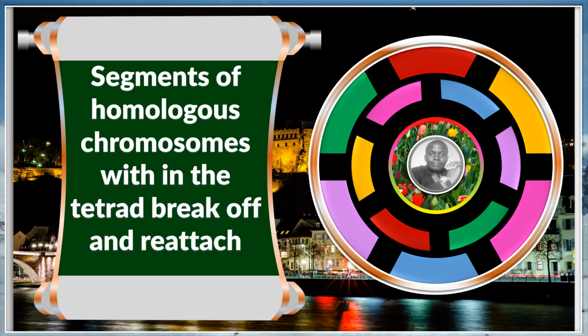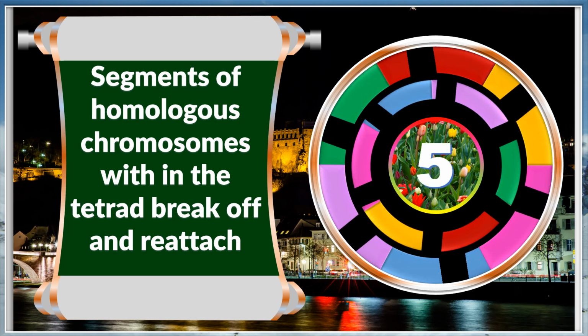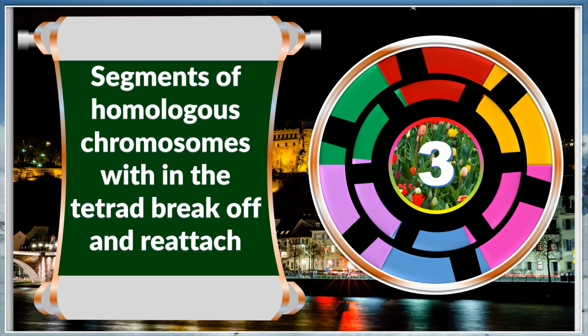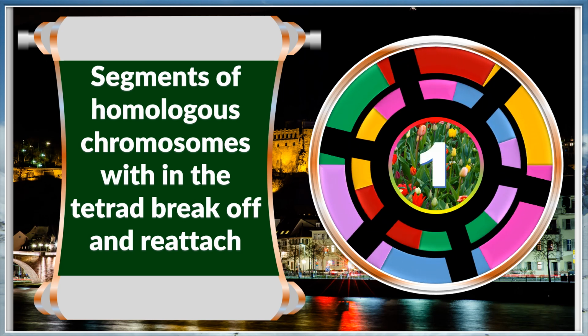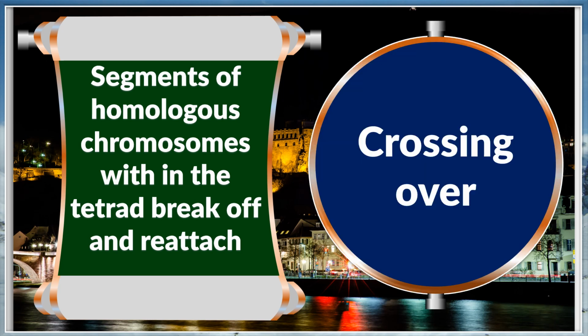Segments of homologous chromosomes within the tetrad break off and reattach: crossing over.